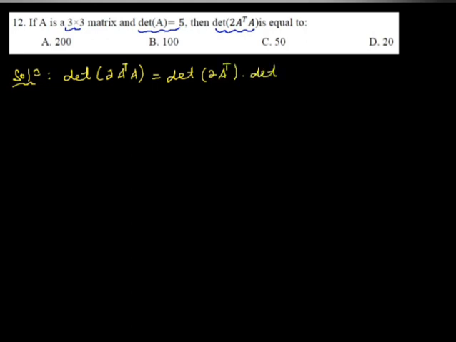If A is a 3 by 3 matrix and the determinant of A is 5, then find the determinant of 2 times A transpose times A. So let's calculate the determinant of 2 times A transpose times A. We can write this as the determinant of 2 times A transpose times the determinant of A, using the property of determinants.